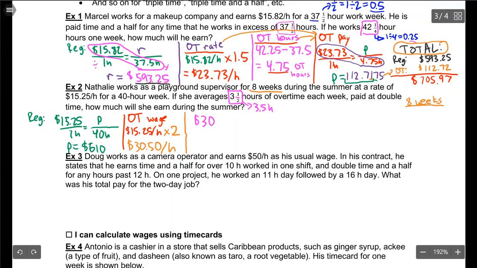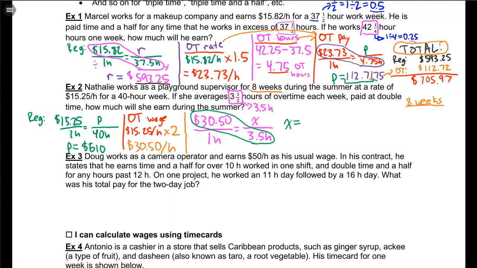Her overtime pay is $30.50 per 1 hour, and she gets paid that for 3.5 hours. And so her overtime, let's say X, I guess. Doesn't matter what letter you choose, but it matters that you cross multiply and divide the right way. And we get her overtime pay is $106.75.